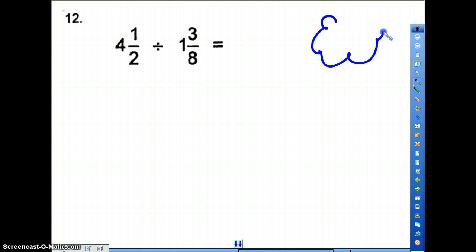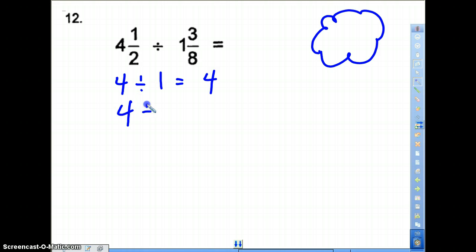Let's do another little estimate here. If I call this, well, 4.5, let's call it 4 divided by 1. I get 4. What if you called this 4 and divided it by 2, rounded it up? You get 2. What if I rounded this up to 5 and divided by 1?